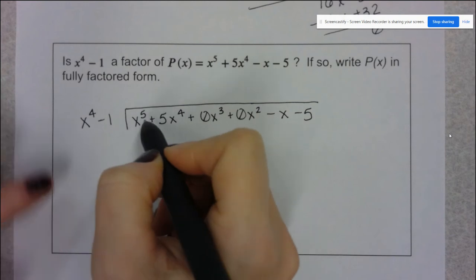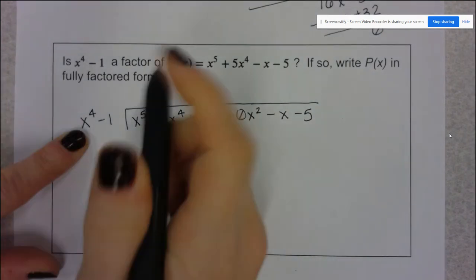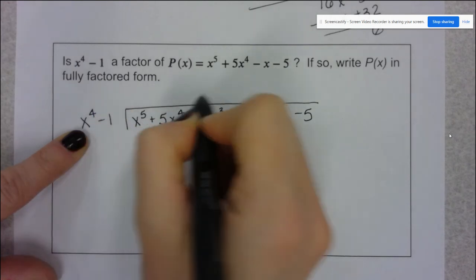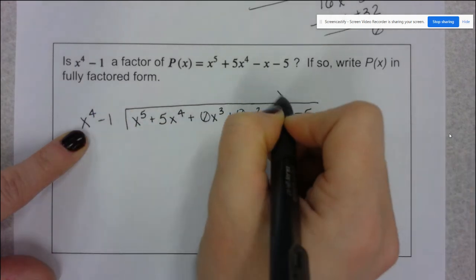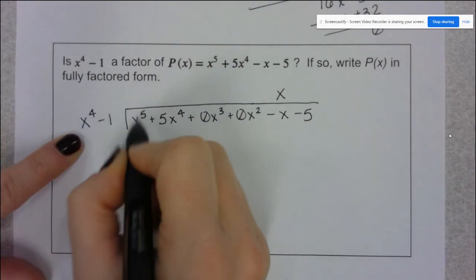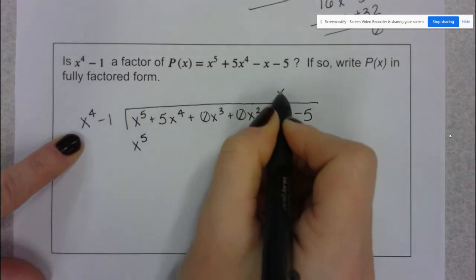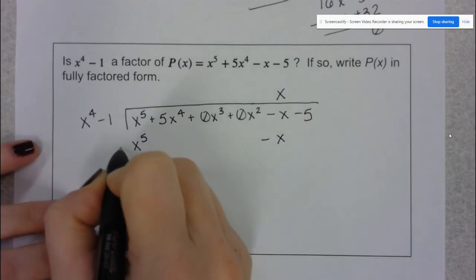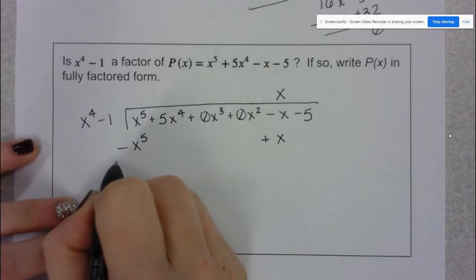So here I'm going to need an x. X to the 4th times x is going to give me x to the 5th. That place is all the way down there. So x to the 4th times x is x to the 5th. X times negative x gives me negative x. Subtracting these and doing the opposite.